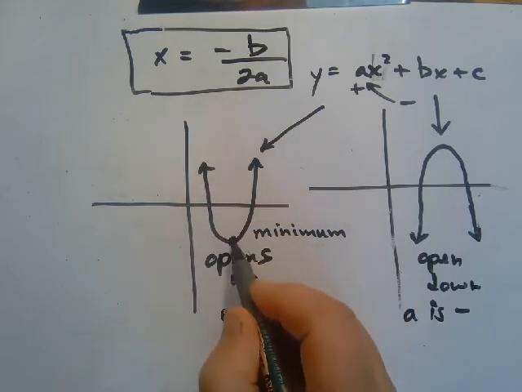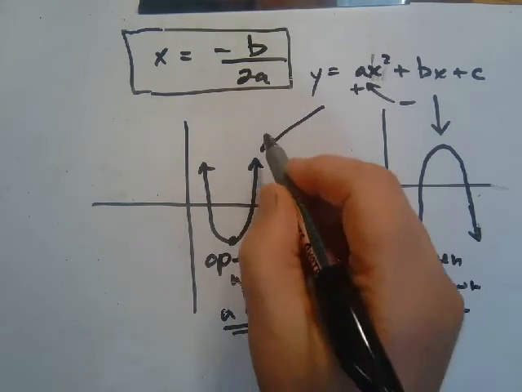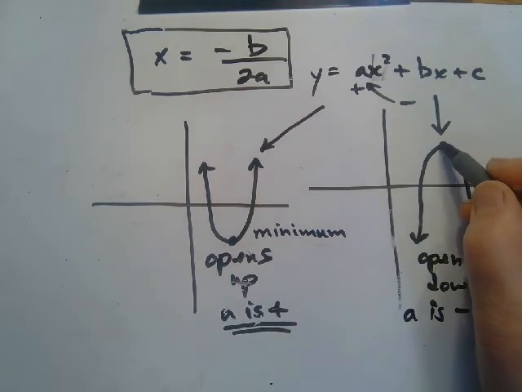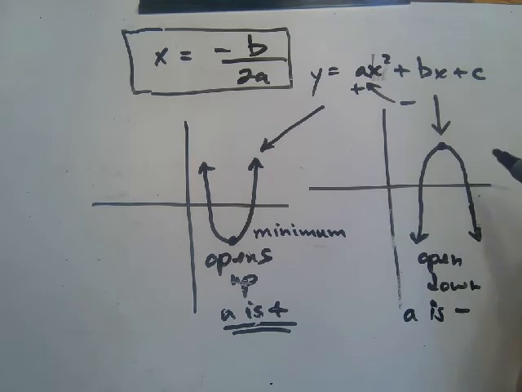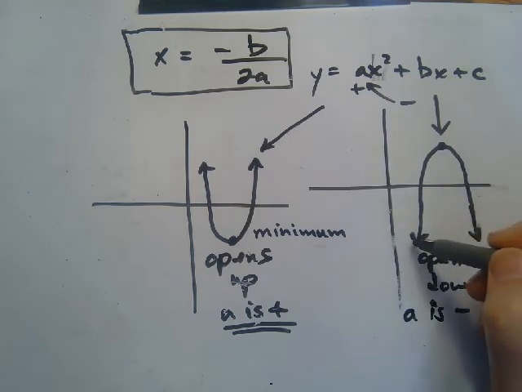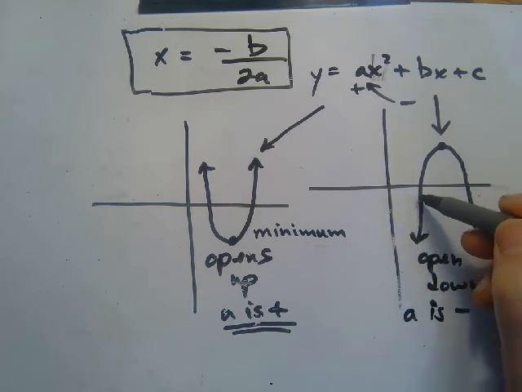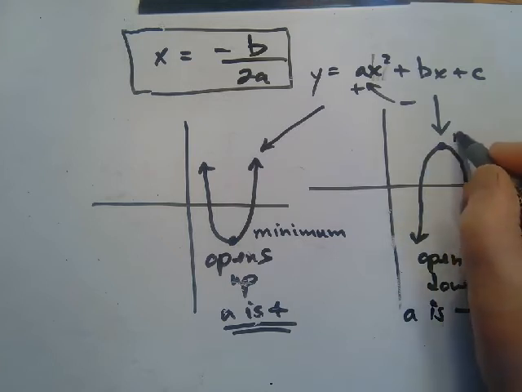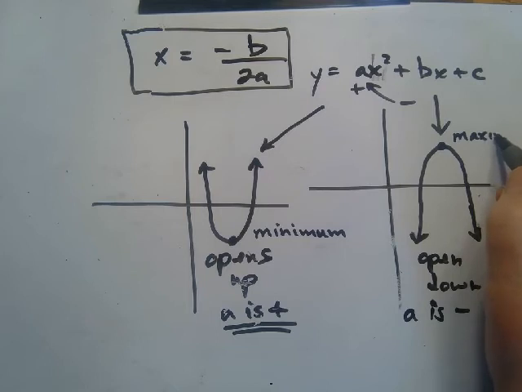It goes down that far and no farther, and then it's going to go back up. Opposite of that is over here on a graph that opens down. As we go from left to right, it's getting bigger and bigger until it gets to that point right there at the top, where this is a maximum.